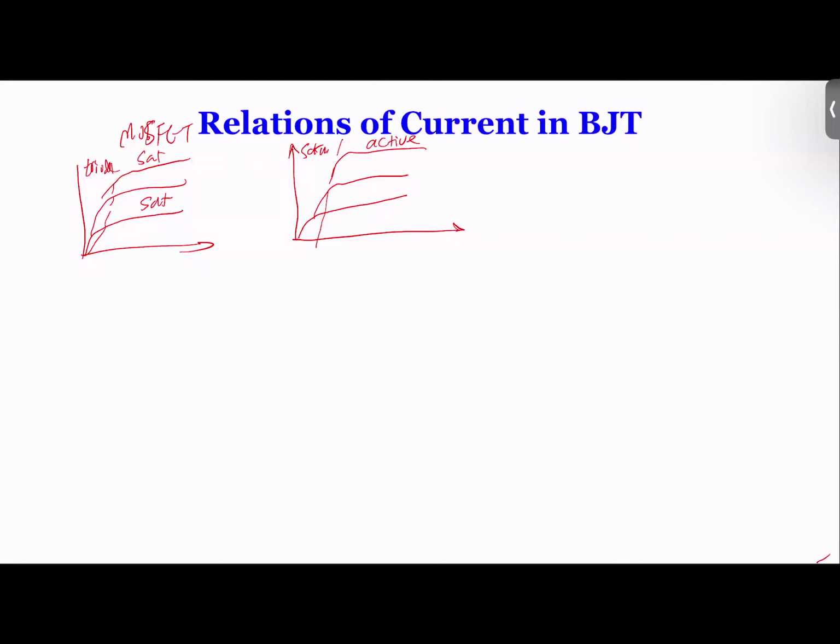Saturation is the one we don't really operate in. In a MOSFET, saturation is the region we mostly operate in, but in a BJT, saturation is the one we actually don't. Now, for the relations for BJTs, we mostly operate in the active region.